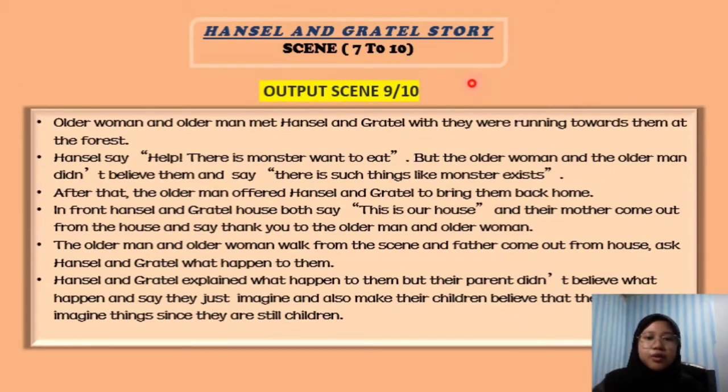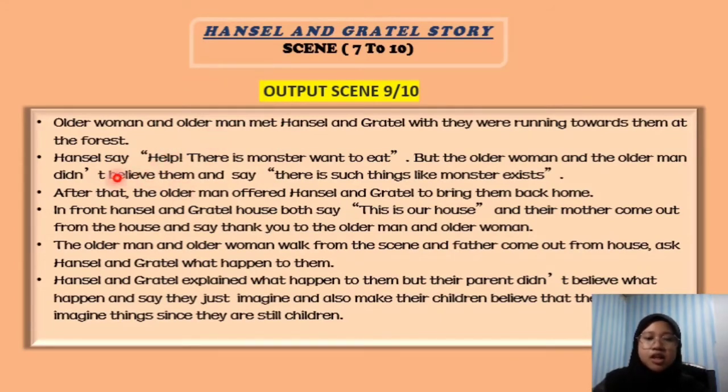So the output for scene 9 and 10. The old woman and old man met Hansel and Gretel where they were running toward them. So for scene 9, actually Hansel and Gretel run toward the older woman and the older man because they found them in the forest and then they asked for help.